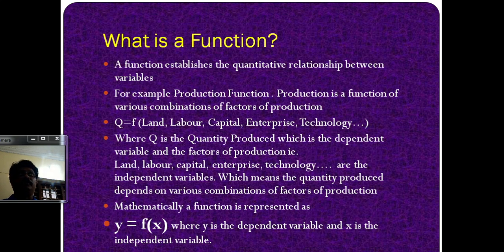In economics, many variables can be expressed as a functional relationship.